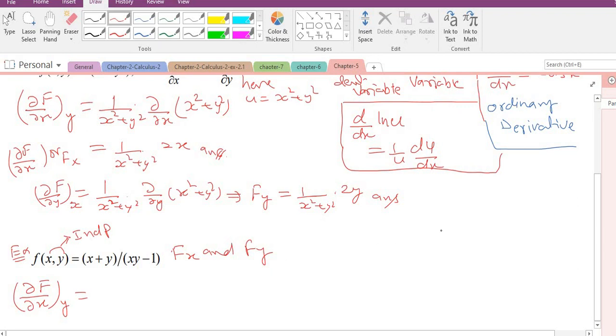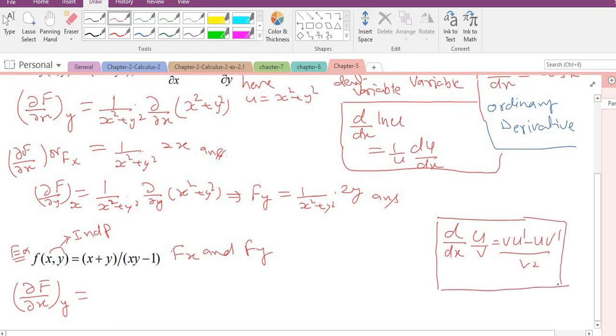So we need to use here the division rule. D dx of u divided by v is v u dash minus u v dash divided by v square. We have to use this rule here. Now see that one here, this is x plus y, that means u, and xy minus 1, that is v.